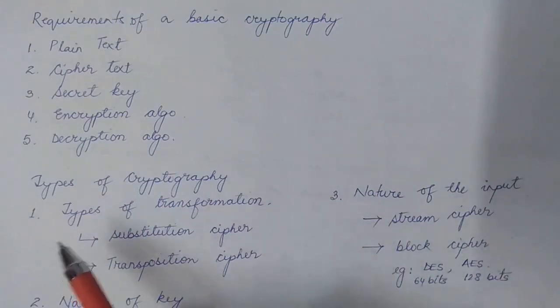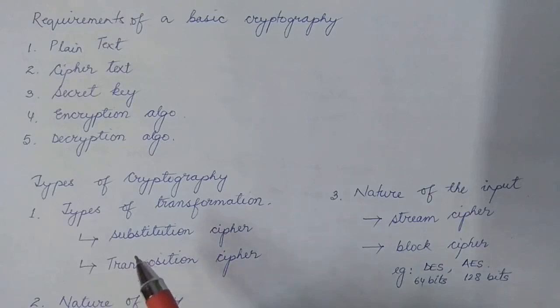So let us see what the types of cryptography are. There are no rigid classifications in the types of cryptography. It is broadly divided based on their functions here. Based on their functions, the first type is the types of transformation.